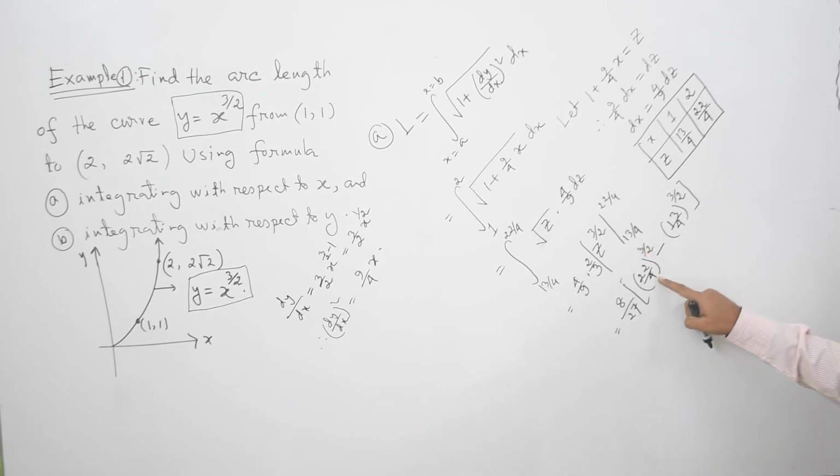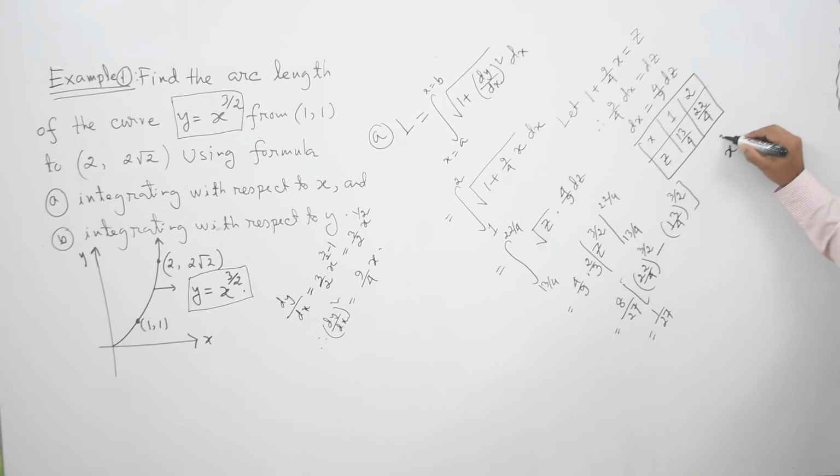So we have 8 in the denominator here, and we have 8 in the numerator here, so this 8 and this 8 will cancel. Now we have 1/27 times 22 to the power 3/2, and we know x to the power 3/2 equals x root x.